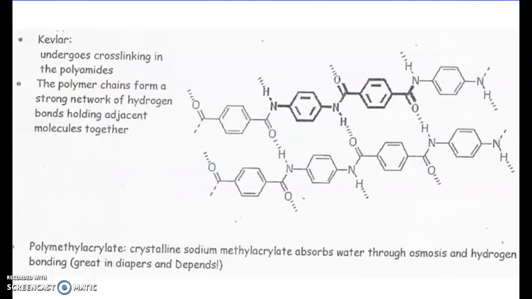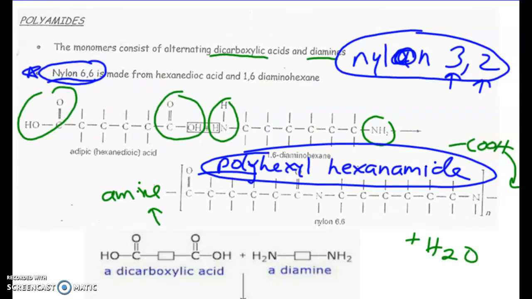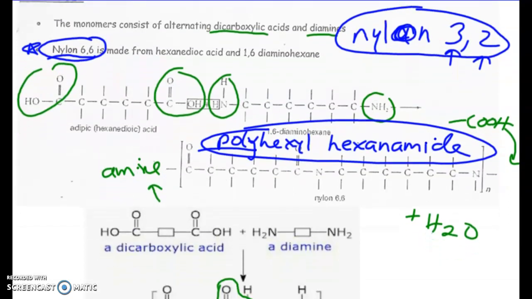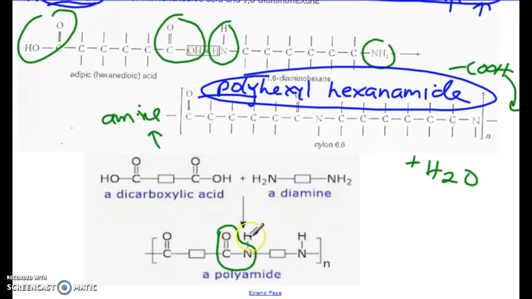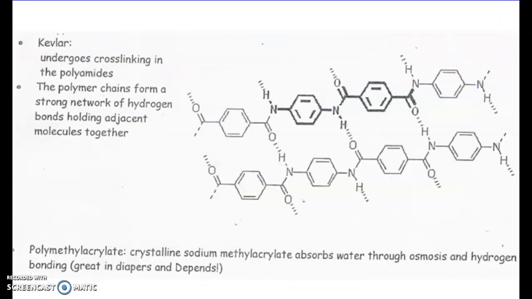Now, we haven't talked about intermolecular forces here yet, but both polyamides and polyesters have, actually more so polyamides, they have hydrogen bonding. So polyamides are actually incredibly strong in terms of their intermolecular forces, because what happens is you have these big long chains, not only of the strong covalent bonds with the polymer itself, but also with the intermolecular forces.